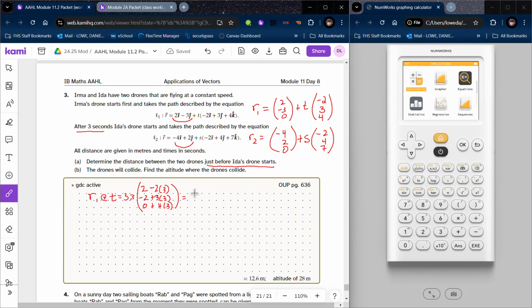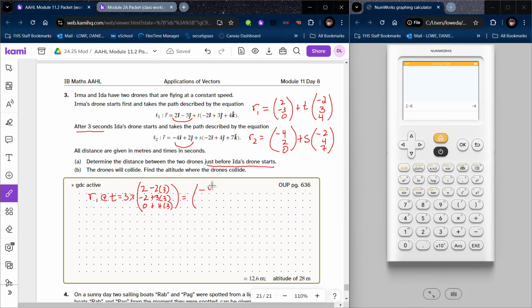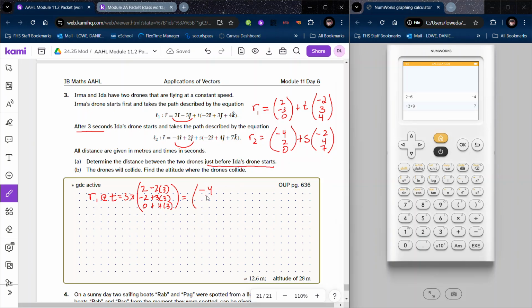You should be able to do this without a calculator, but if you want to use one, 2 minus 6 is -4. Then -3 plus 9 is 7. And then 0 plus 12 is 12.